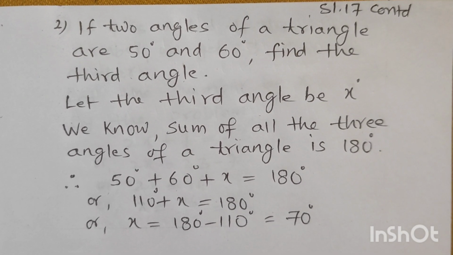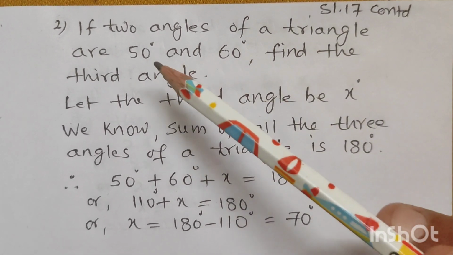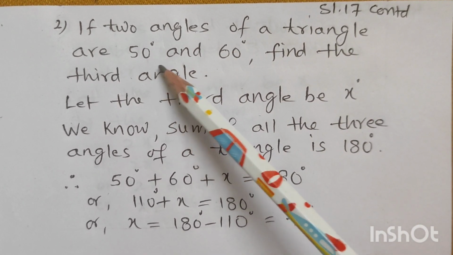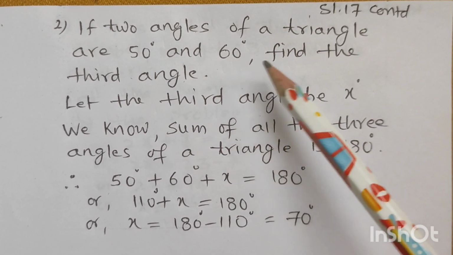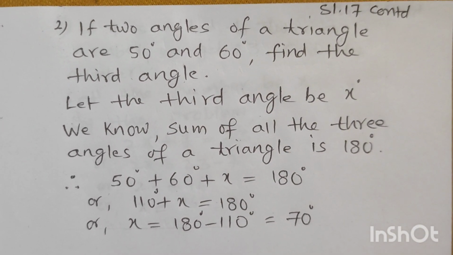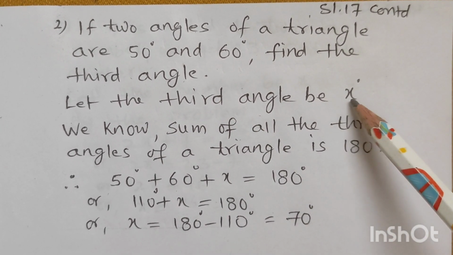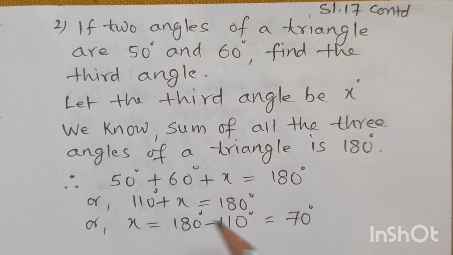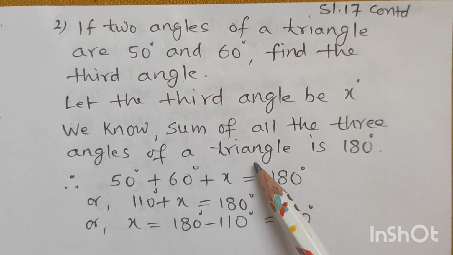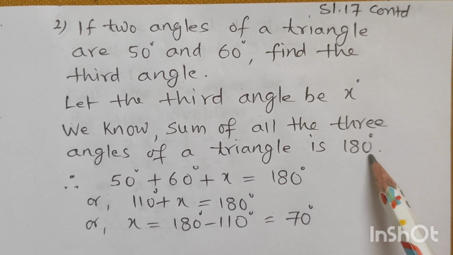So we say the third number is 14. In the second example, two angles of a triangle are 50 degree and 60 degree. Find the third angle. So we let the third angle be x. We know the sum of all the three angles of a triangle is 180 degree.